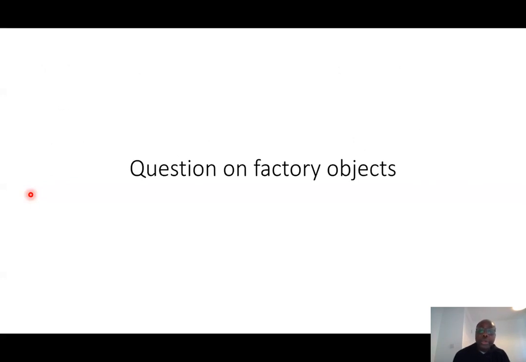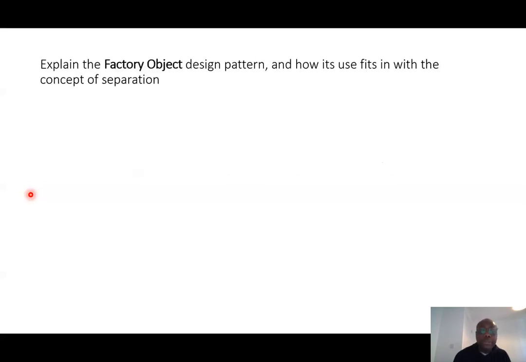So, a question on factory objects. Let's look at them. Explain the factory object design pattern and how its use fits in with the concept of separation. As we know, what is a factory in English? In a factory, you manufacture things, you create objects.